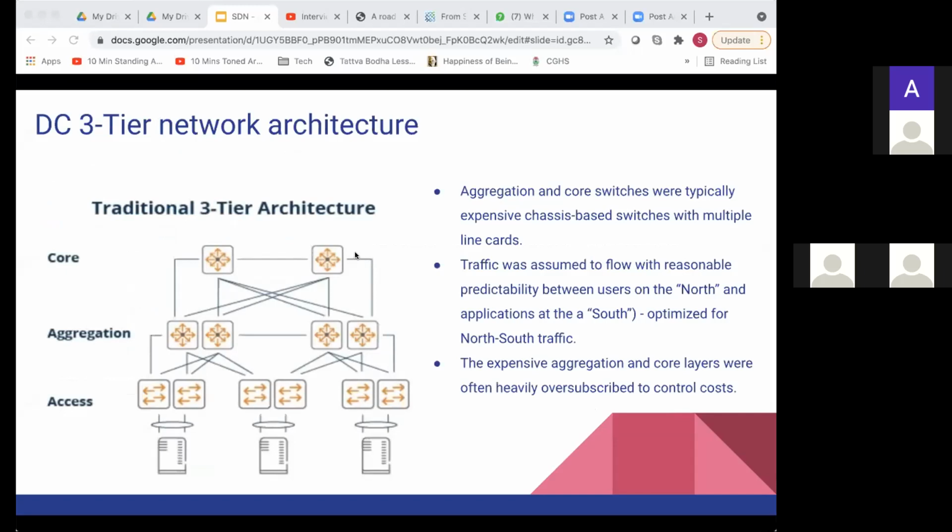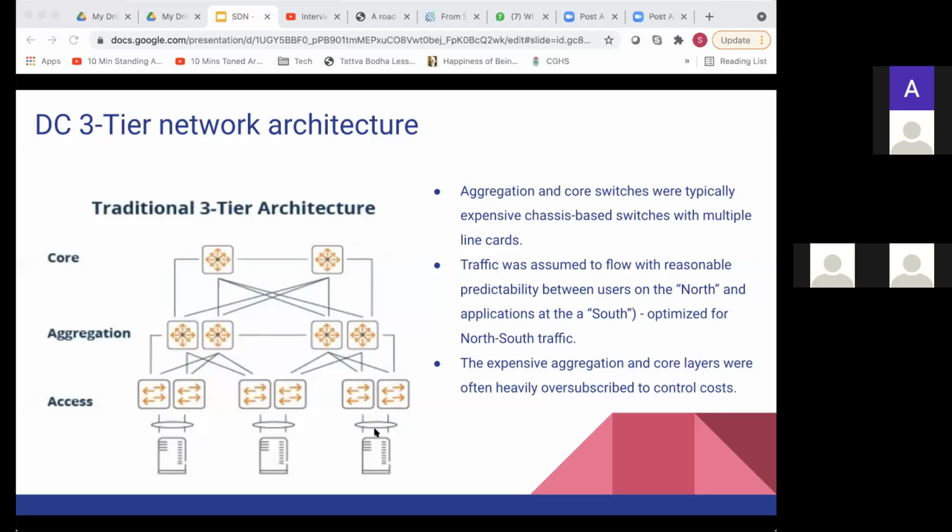What is not shown here in the picture is the connection from the core switches to the edge gateway that connects to the public internet, or things such as firewalls and maybe load balancers, or a whole bunch of other edge functions, all operated outside of this architecture.